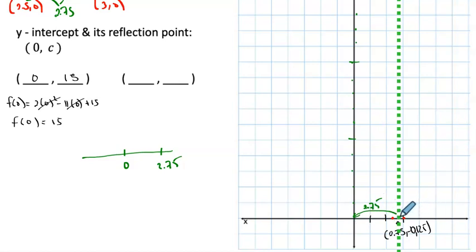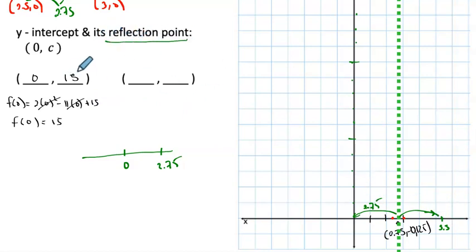Well, if I count 2.75 units to the right of the vertex, starting at 2.75, this is going to bring me to 5.5. So 3, 4, 5, 5.5, which is going to be 2.75 units to the right of the vertex. This is how I get my reflection point.